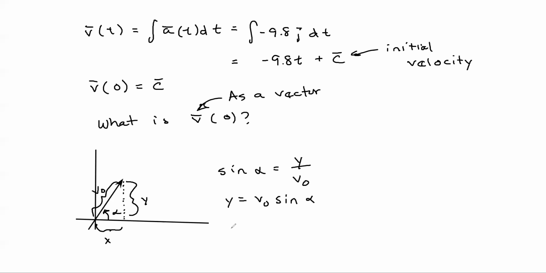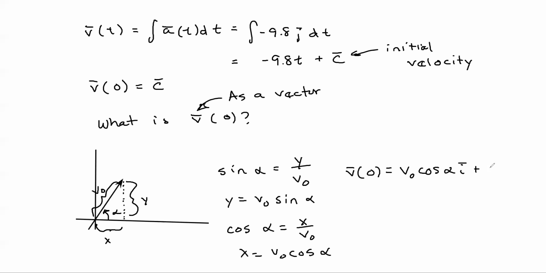We can do something similar with cosine: cosine of alpha equals x over v naught, so x equals v naught cosine alpha. By doing this, we've figured out the velocity vector at time zero. So v of 0 equals v naught cosine of alpha i plus v naught sine of alpha j. Now we can take those and pop them in here.